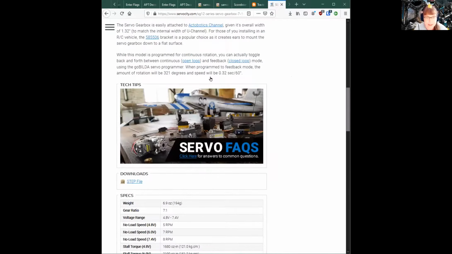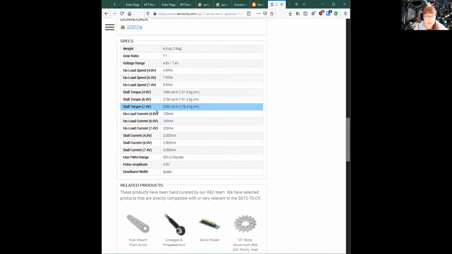The reason I want to use this is because it has a stall torque of 2,450 ounce-inches, or 176.4 kilogram-centimeters. You need to lift these sort of heavy things that are on rods, and it just needs to have enough torque to do it. Speed's not an issue. You just have to have enough torque to get through gravity.